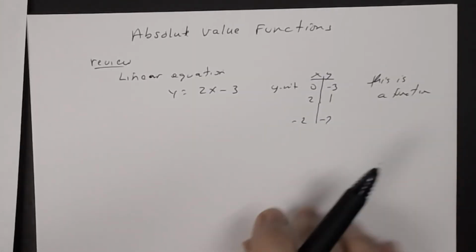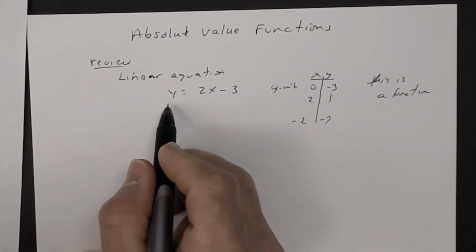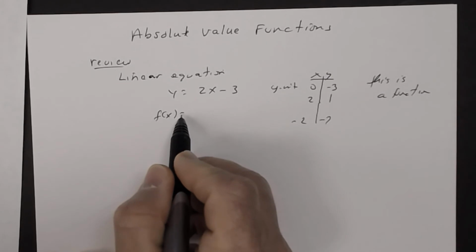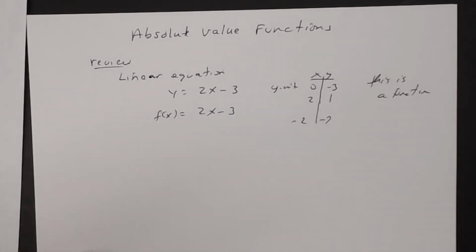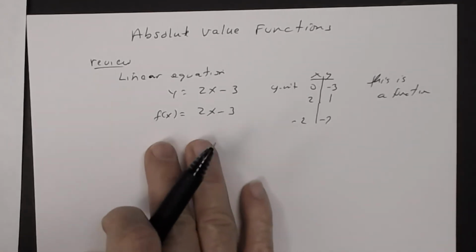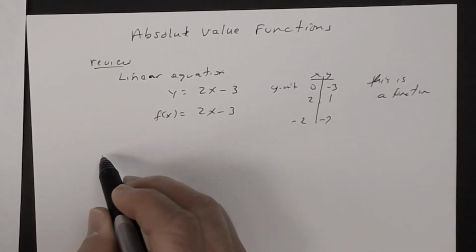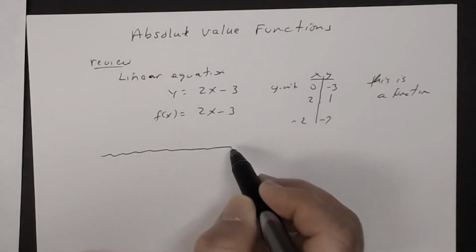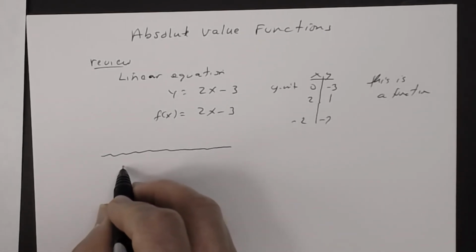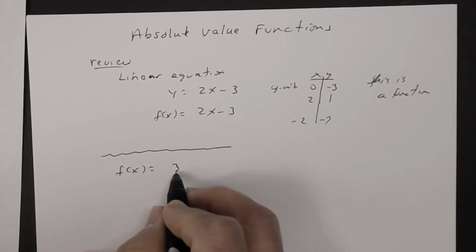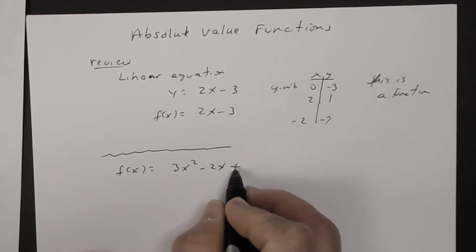Now, the fact that this is a function, remember we wrote this as f of x. So f of x equals 2x minus 3. And so we did a lot of things with function notation. One of the things we did was this idea. Suppose your function is quadratic, so let's suppose I had this function, 3x squared minus 2x plus 4.